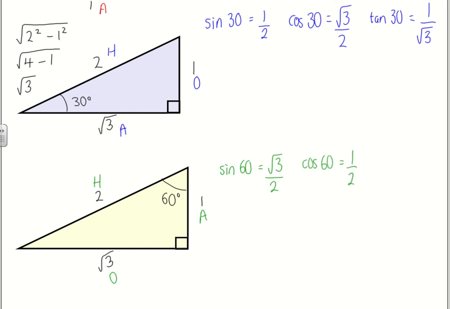We had that previously for sine 30, and now we've got it for cos 60 because o and a have switched around. And then we've got tan 60, which is o over a, so root 3 over 1. Got my o's and a's upside down there. So root 3 over 1, which is just root 3. You don't need to worry about putting the 1 in.